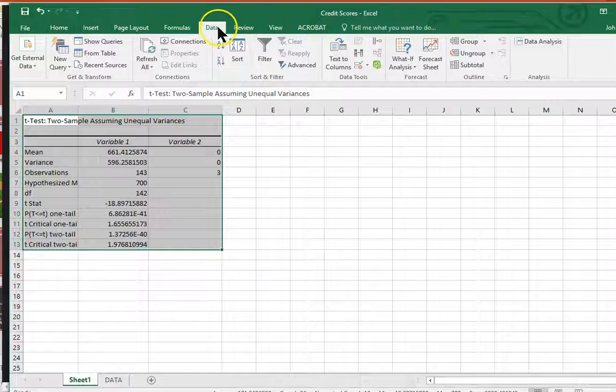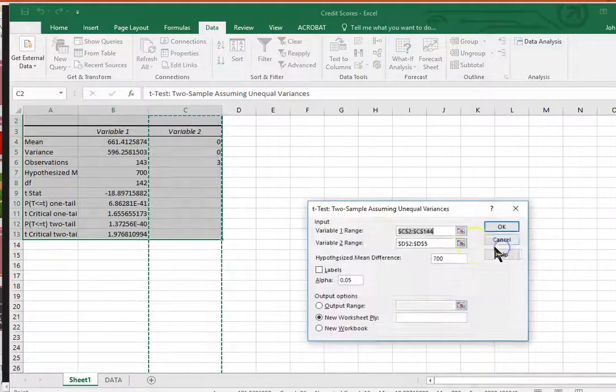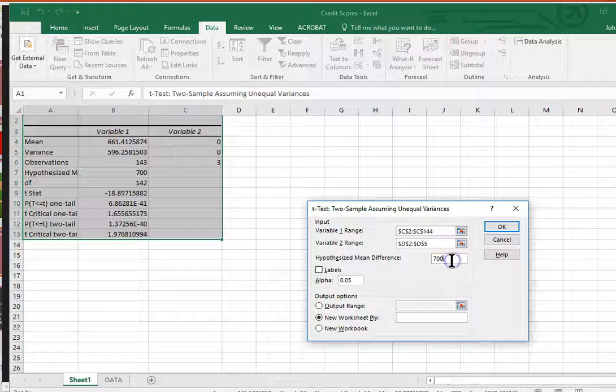Let's go back in here, back to data analysis. Let's do a hypothesized mean difference. Let's call it 680.